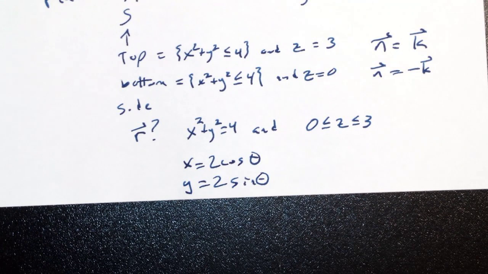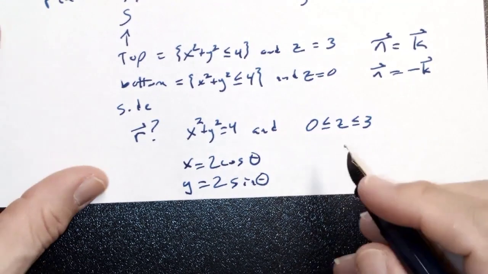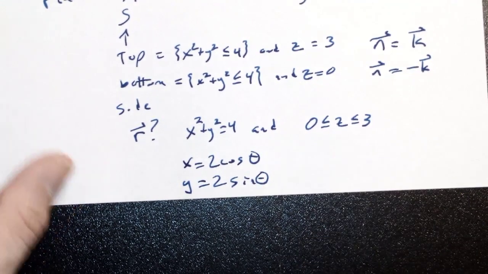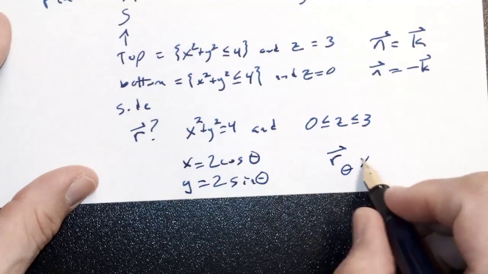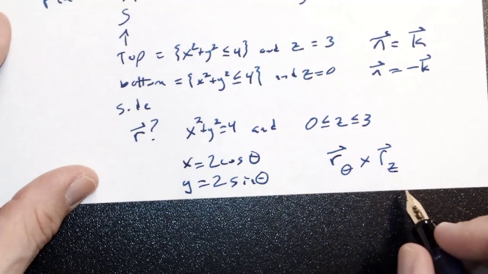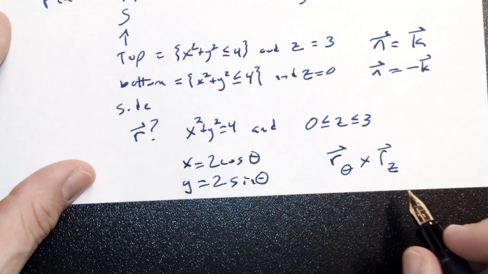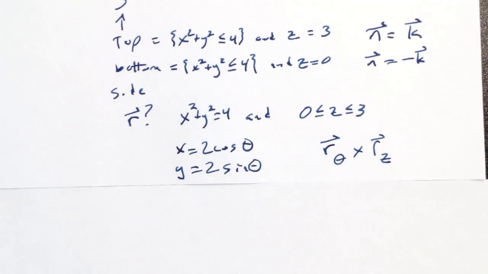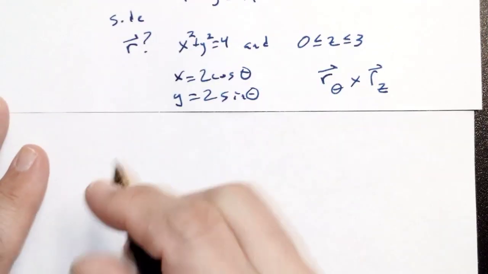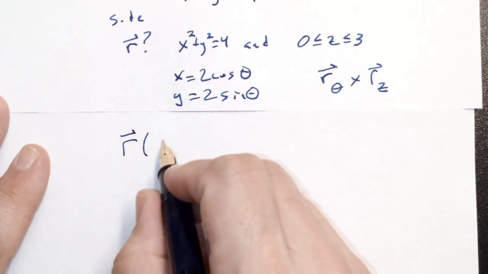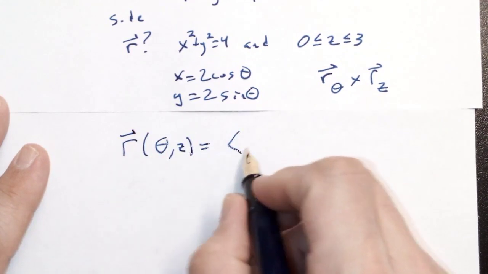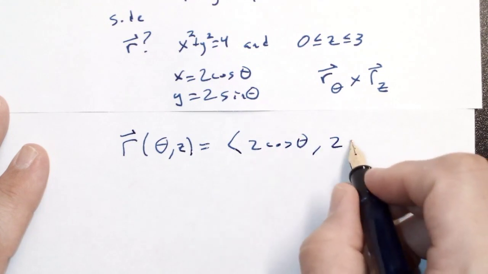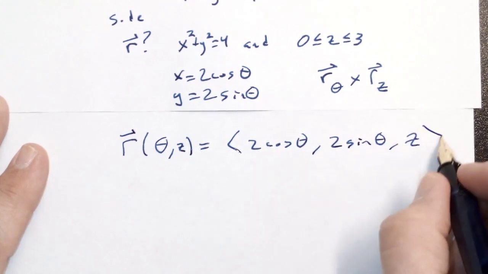Now to do the normal vector, I'm going to have to do that r_u cross r_v, but I don't have u and v, so it'll be r_theta cross r_z, where r of theta and z is 2 cosine theta, 2 sine theta, z.